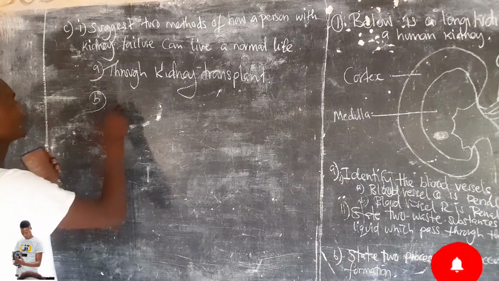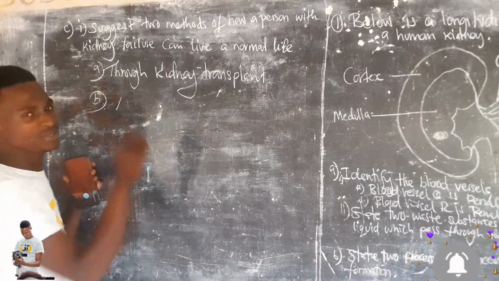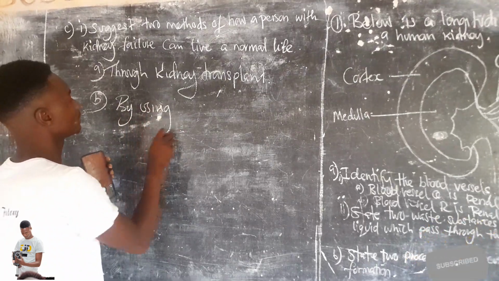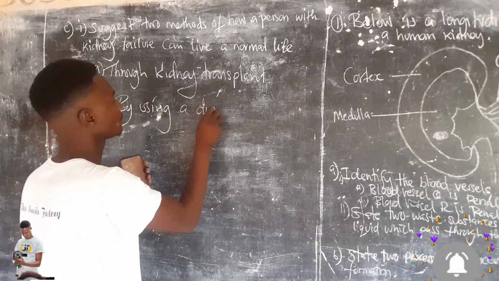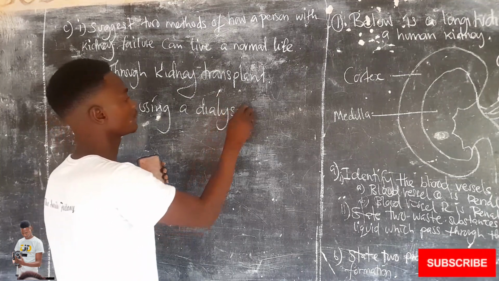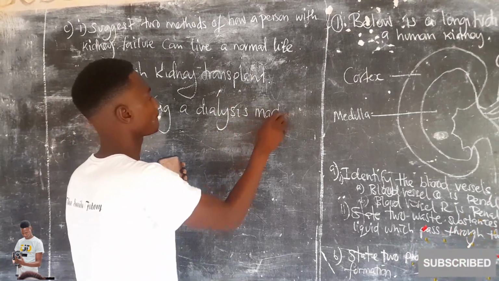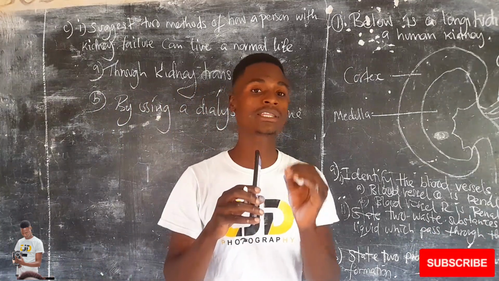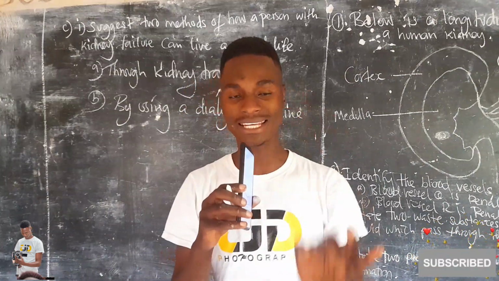Secondly, by using a dialysis machine. A dialysis machine is the machine that does the work of the kidney.